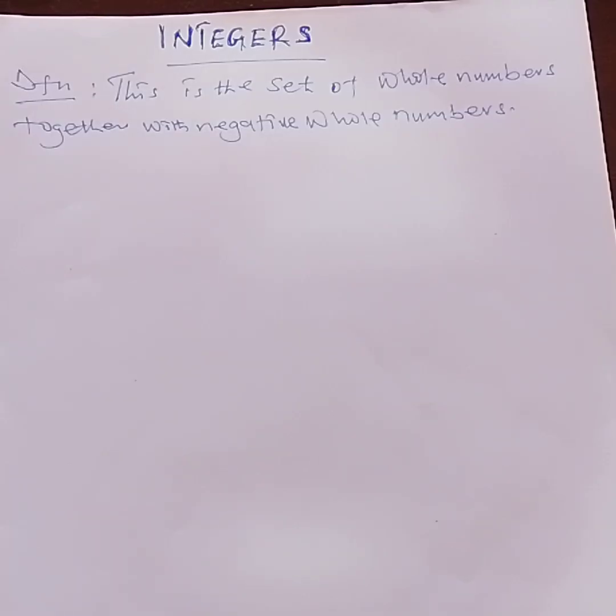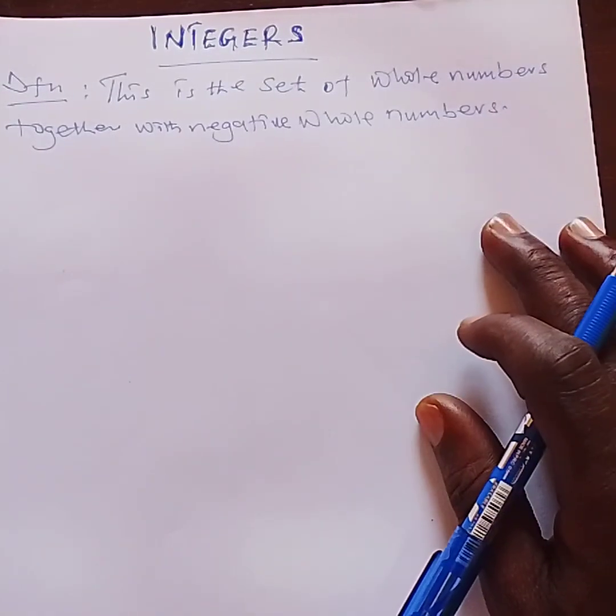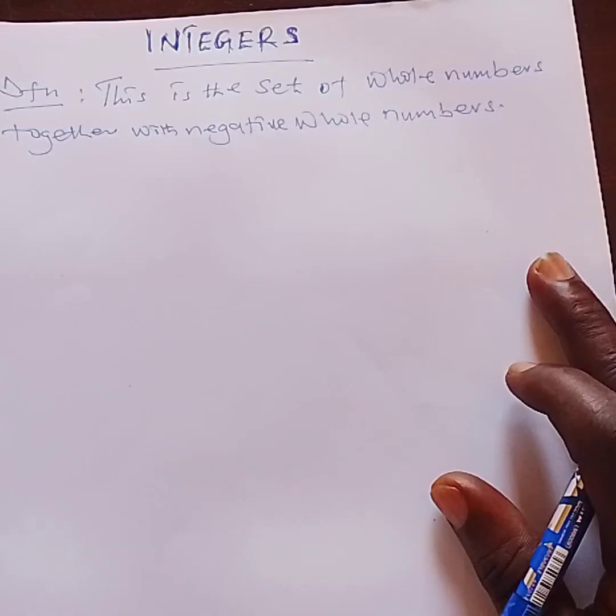That's the definition of integers: the set of whole numbers together with negative whole numbers. But what I want you to mark mostly is what you need to know about the numbers.